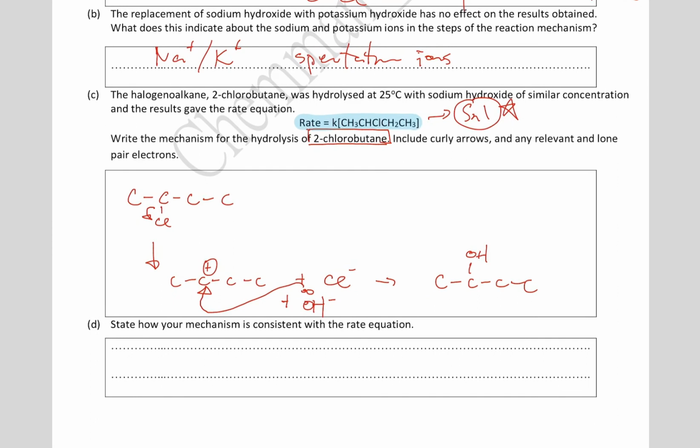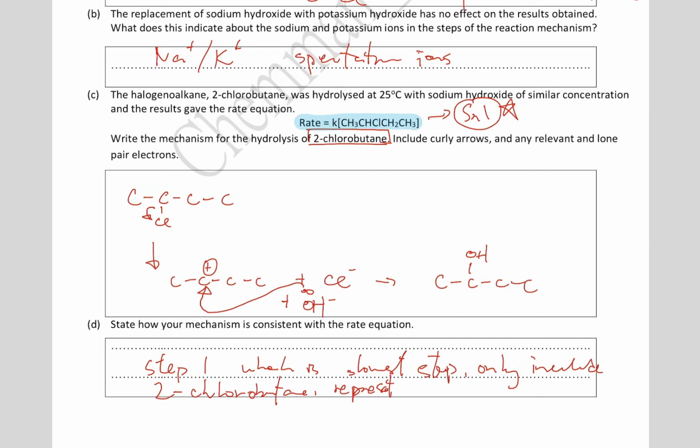Then how is this related to your rate equation? Obviously here it involves two steps, and only step one, which is the slower step, only includes the 2-chlorobutane, which represents that it is first order.